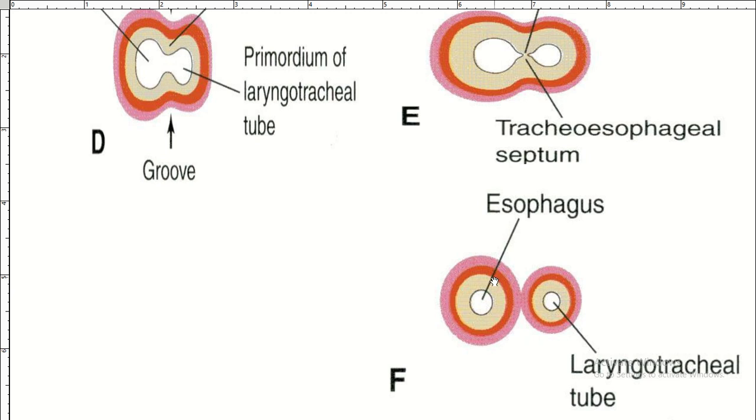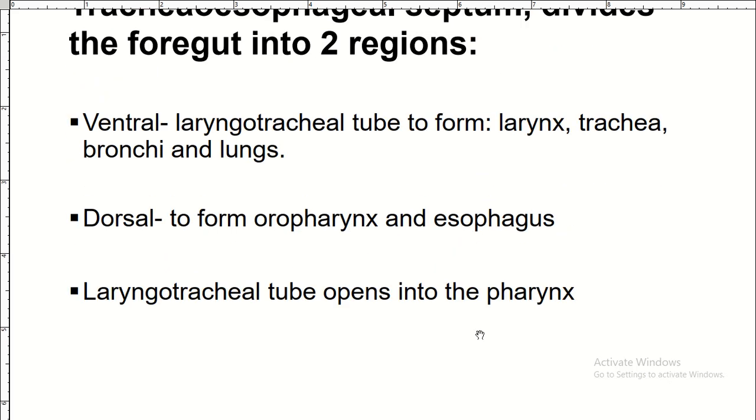You understand? So anterior to the esophagus, gross anatomically, there's a trachea, and posterior to the trachea you're going to have the esophagus. That's how the two are related embryologically.